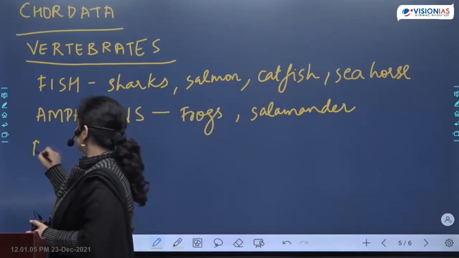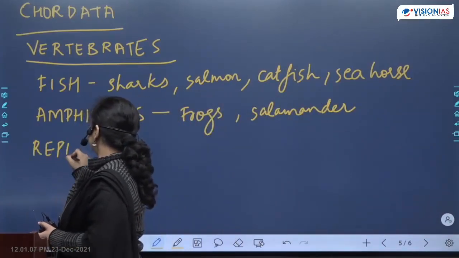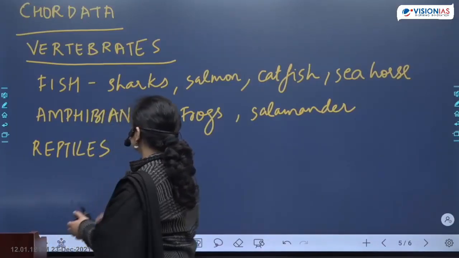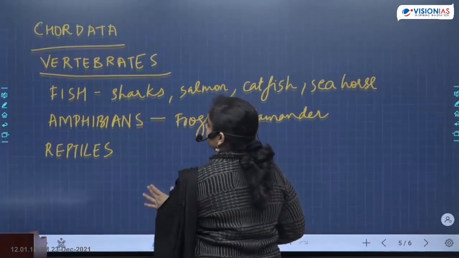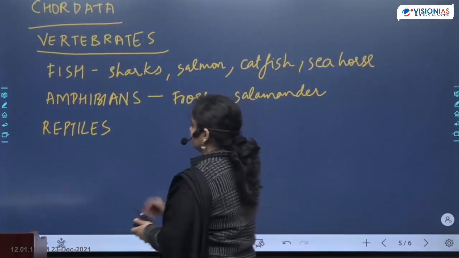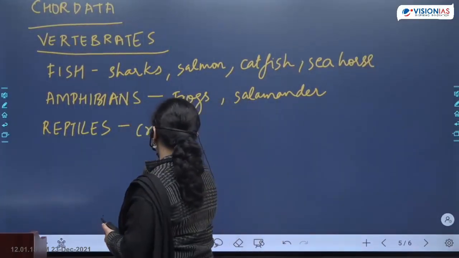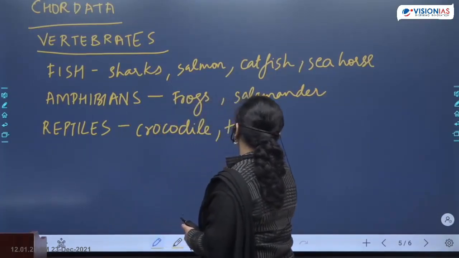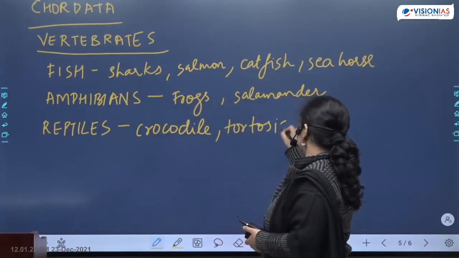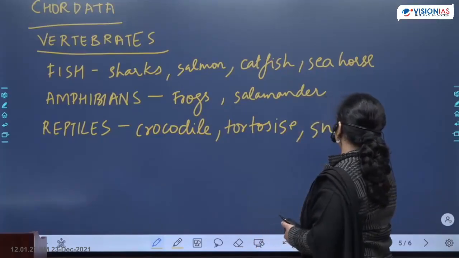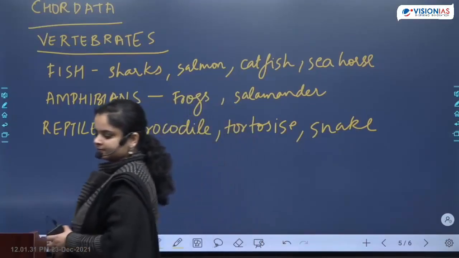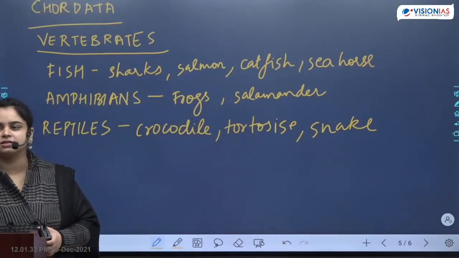After amphibians, we have coming of reptiles. Now reptiles can be anything from crocodile to tortoise to snake. You can add anything to the list. Lizards.